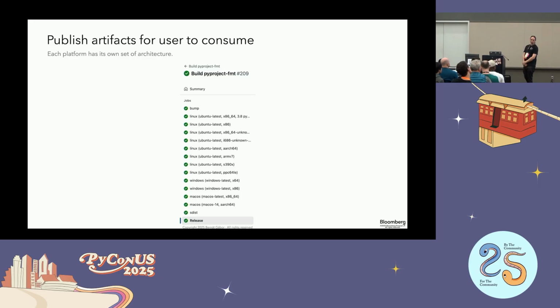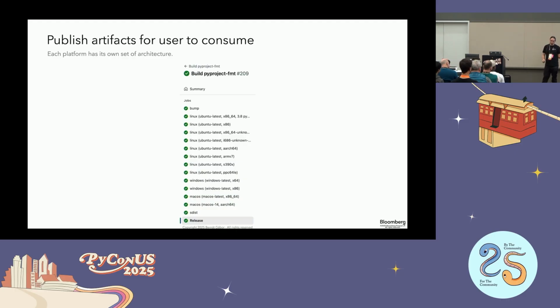Obviously, if you're going to try to use Rust within your own company, where you can't use GitHub Actions, it's going to be a bit more complicated, because you need availability inside your CI of all the platforms that you want to target for your users. So for example, if your users are going to use macOS, you will need a macOS machine in your CI to be able to publish wheels for that platform.